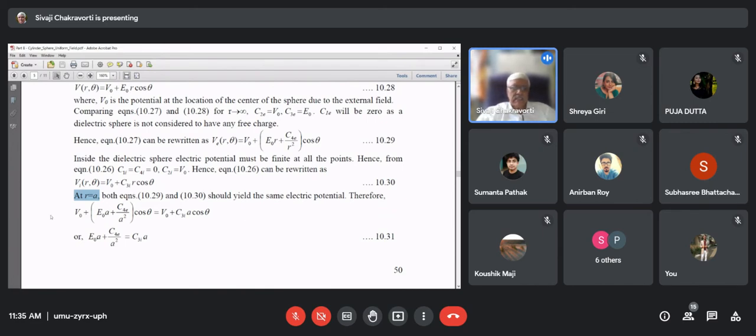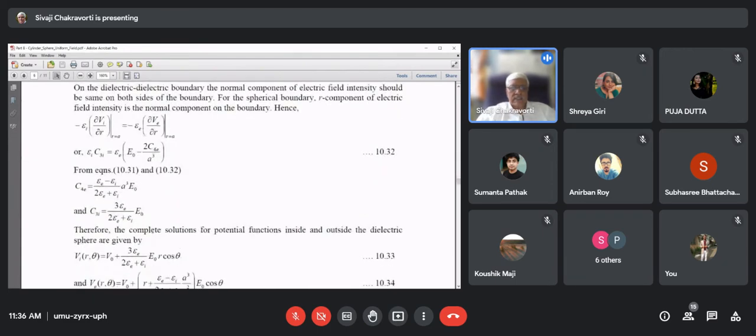So we go for the second boundary condition, that is the normal component of flux density. How do I get normal component? I first find out the R component of field intensity since it is a dielectric sphere, on the surface the R component is normal component.